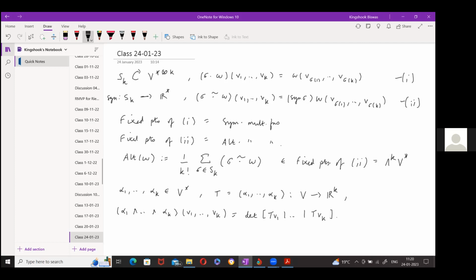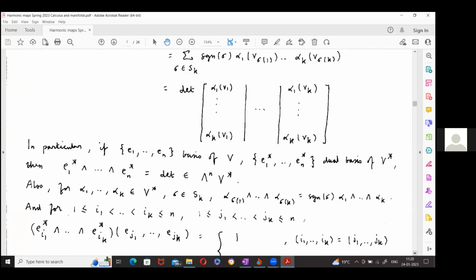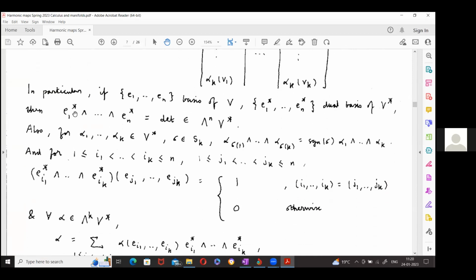Okay. Is this clear? Yes? Okay, fine. So in particular, if you start with a basis E1 to En of V, and E1 star up to En star is the dual basis of V star, then if I take E1 star wedge up to En star, this will just be the determinant of the linear map determined by E1 star up to En star.